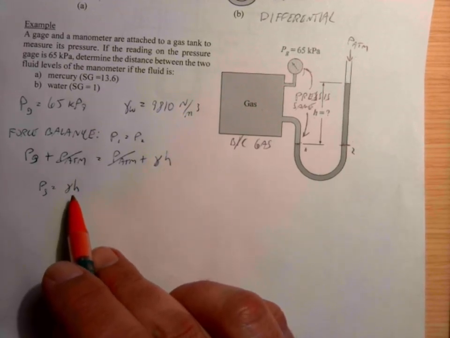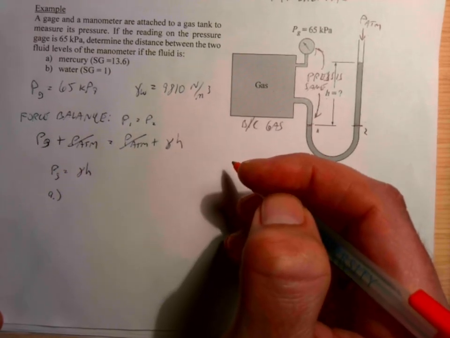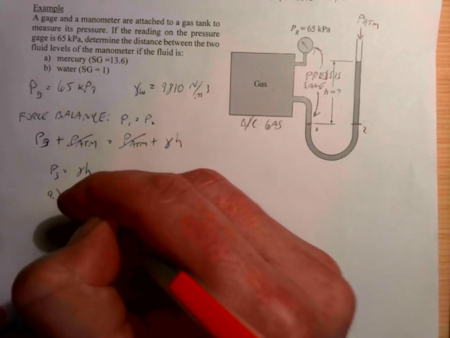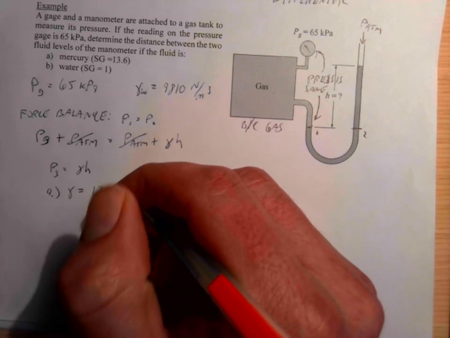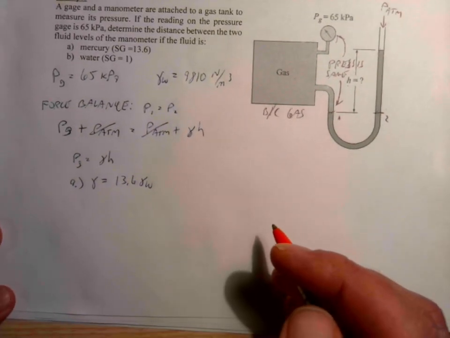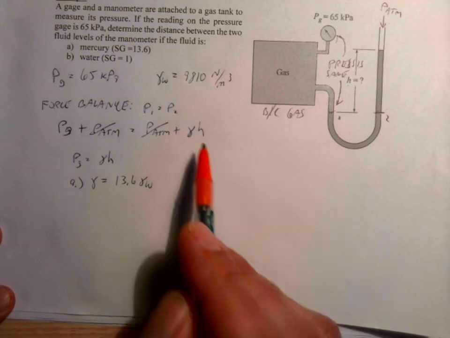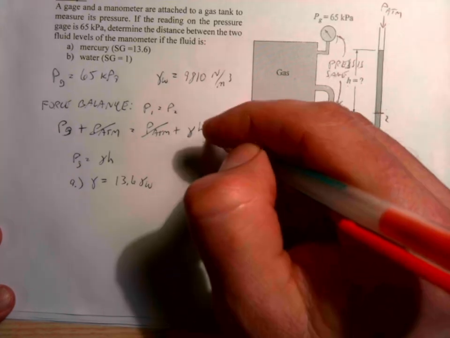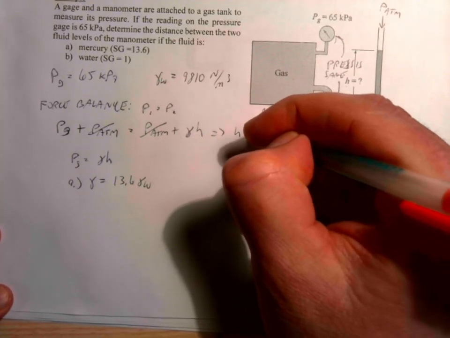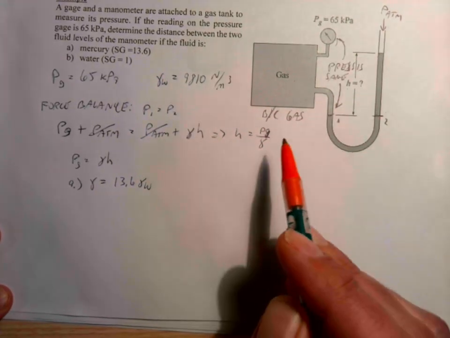All right. And so for part A, we have gamma for the fluid is equal to 13.6 times gamma water. And so then we have Pg is equal to gamma H, and that means that H is equal to Pg over gamma.